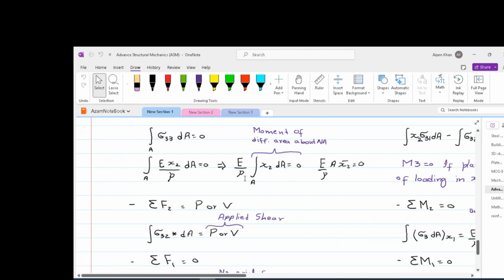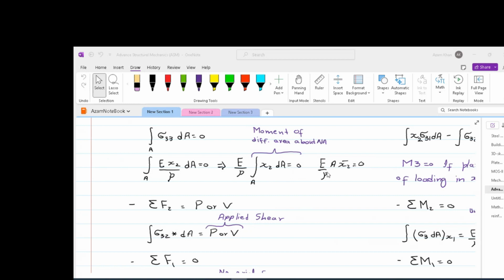And that is actually the first moment of area. This can be written as A x2 bar. Please note, the integral of x2 dA is the total moment of area. This is also called first moment of area. Only x2 bar in this relation can be 0. We conclude that the distance from the neutral axis to the centroid of the cross-sectional area must be 0.